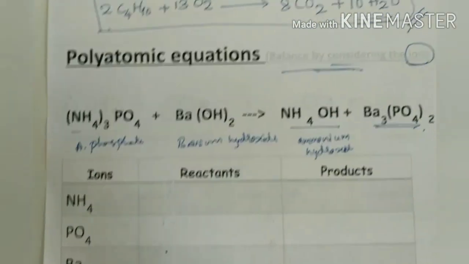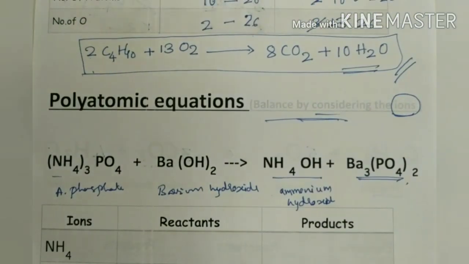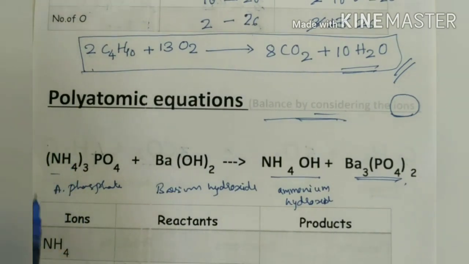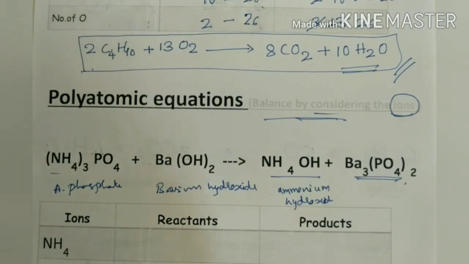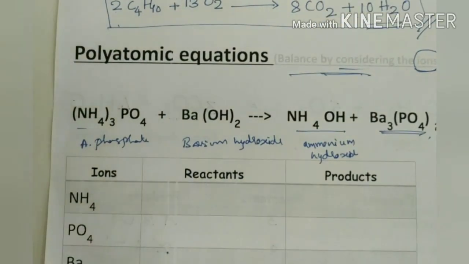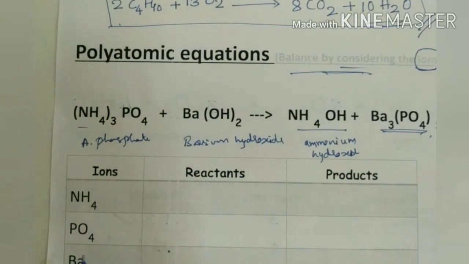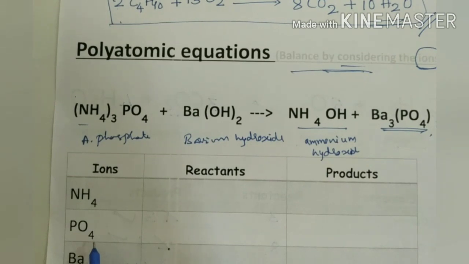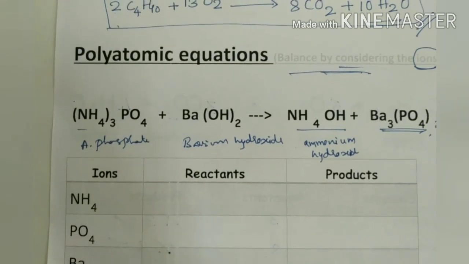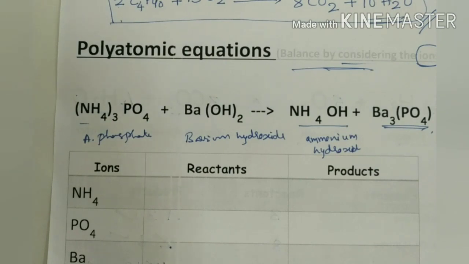During this type of chemical reaction, as I said, you have to balance by taking the complete ions. What are the ions present here? NH4 ion, PO4 phosphate ion, Ba2+ and OH minus. These are present in this equation, and you have to balance it.